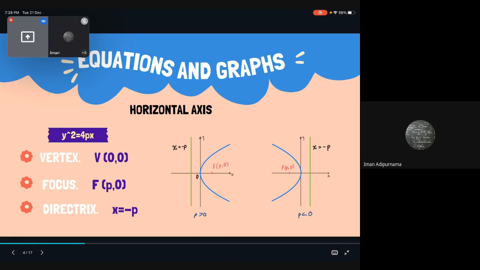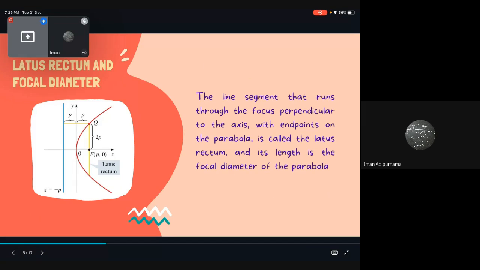If p is positive, it opens to the right side, and if it's negative, it opens to the left side. And then we have the latus rectum and the focal diameter. The line segment that runs through the focus perpendicular to the axis, with endpoints on the parabola, is called the latus rectum, and its length is the focal diameter of the parabola.